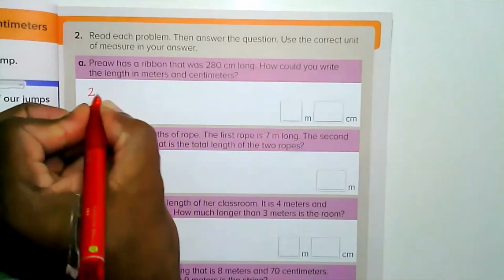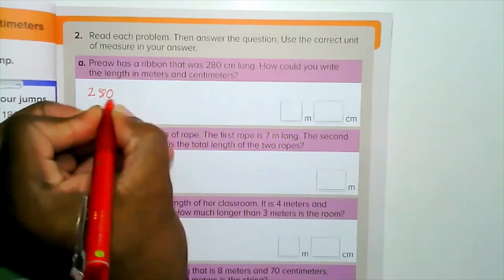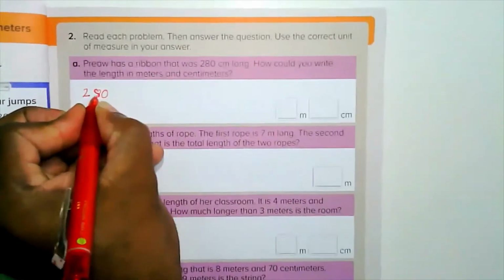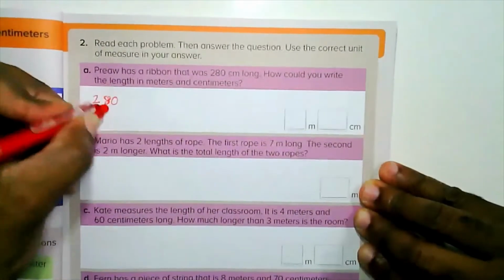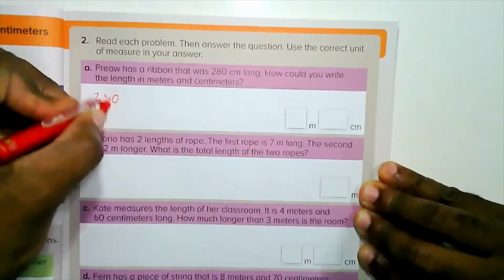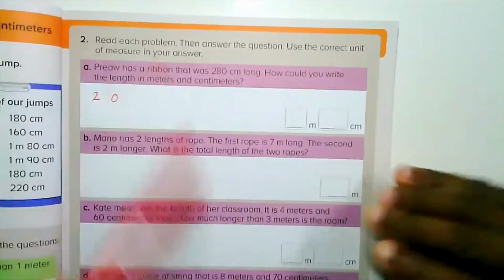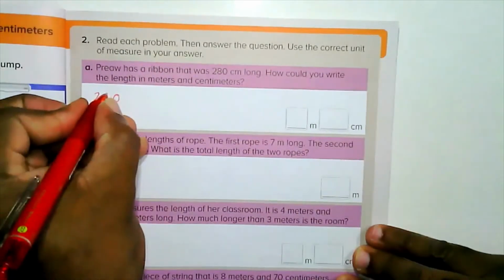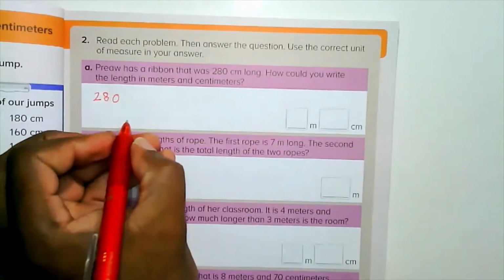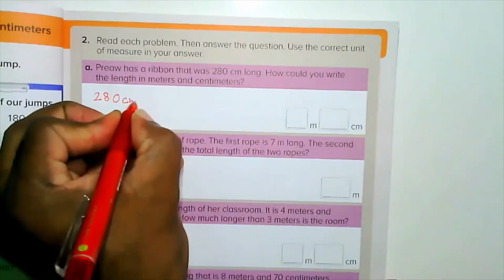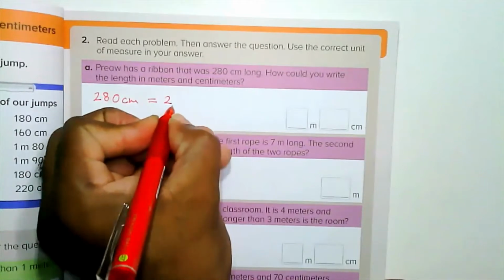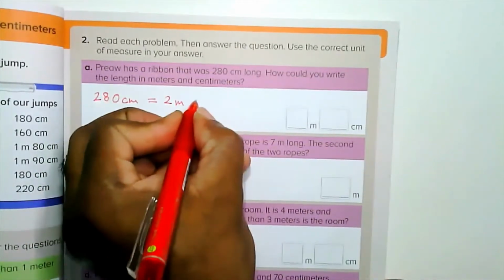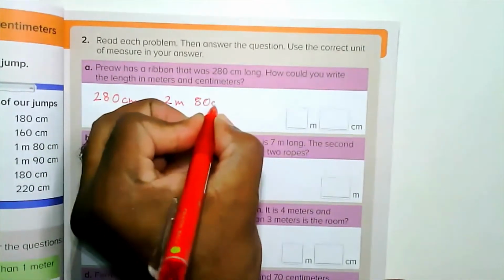So we have 280 centimeters is the same as 2 meters 80 centimeters.